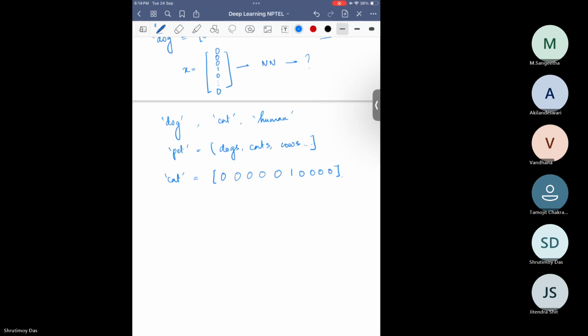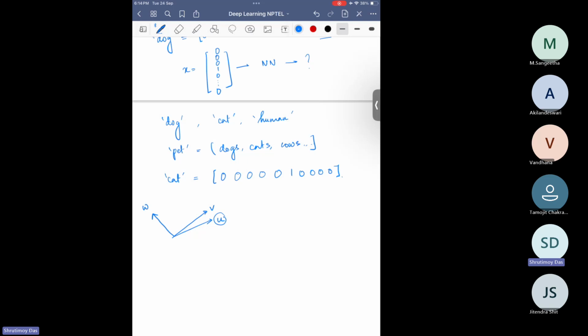Suppose I have a vector in this direction, and a different vector in this direction. Say this is my vector u, this is my vector v, and I have a third vector w in this direction. A quick question to you: given u, which vector is most similar to u?